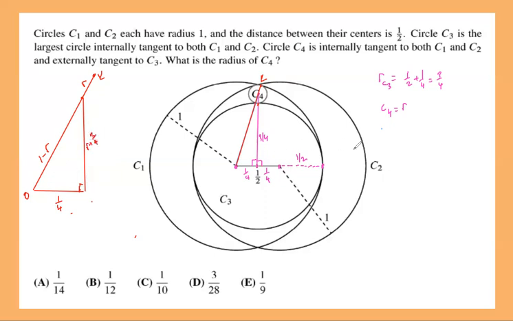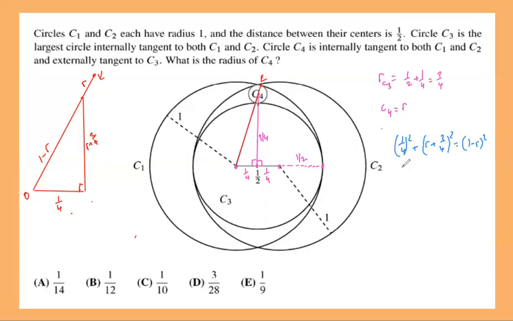Now we can use the Pythagorean theorem. So that should be (1/4) squared plus (R plus 3/4) squared is equal to (1 minus R) squared.